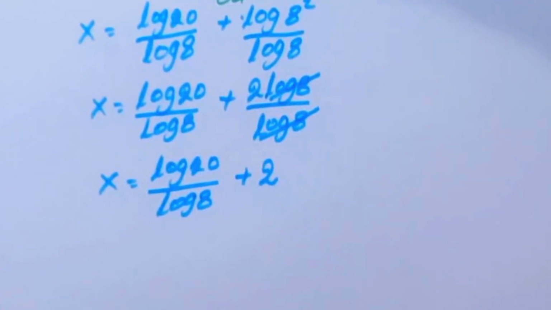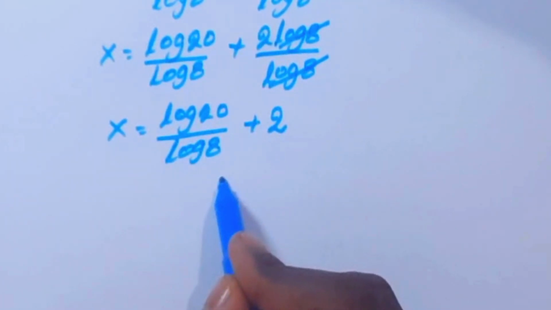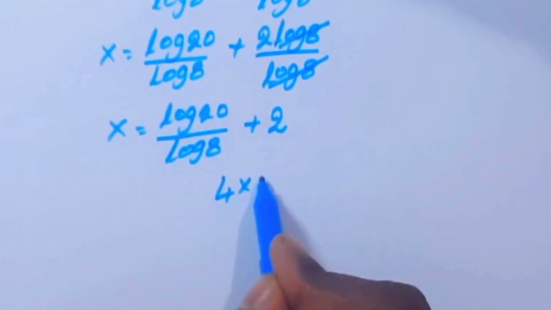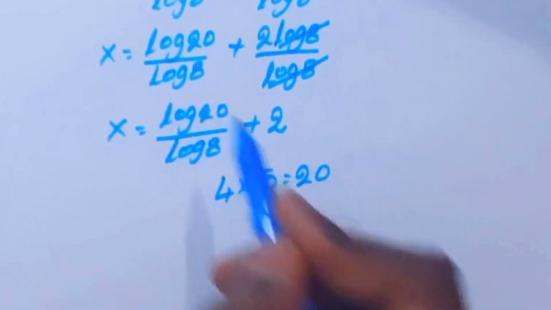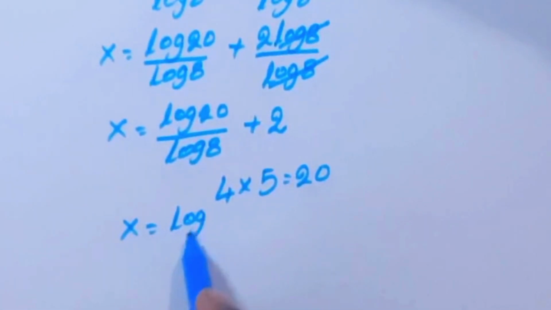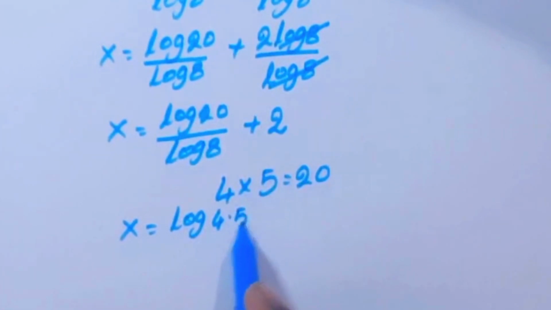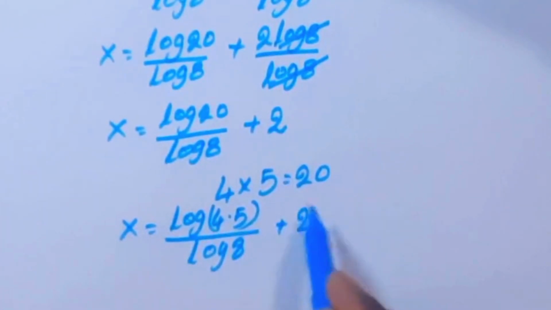This 20 can be written as 4 times 5 equal to 20. Now we are going to apply this here. So x equal to log 4 times 5 by log 8 plus this 2.